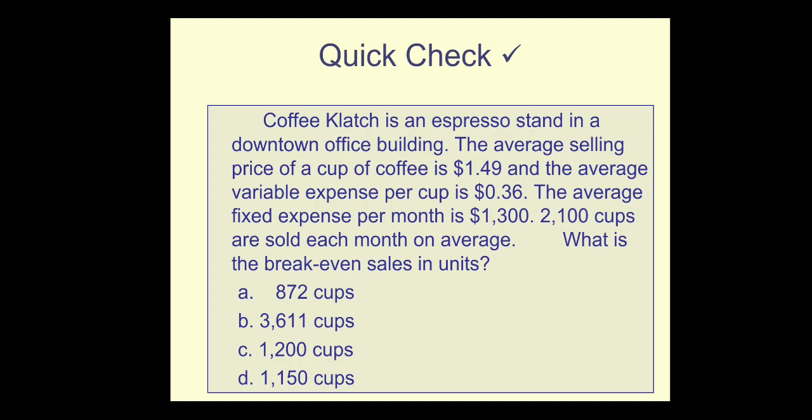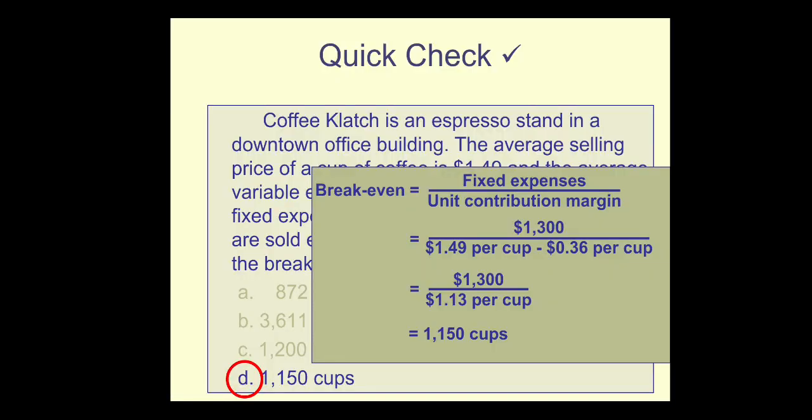Okay, so if you want to calculate break-even point in terms of unit, you have to memorize the formula. The formula is fixed cost divided by unit contribution margin. So the fixed cost, see here in the gray box, of the business is $1,300. Unit contribution margin equals $1.49, the price per cup, minus the unit variable cost of 36 cents per cup.